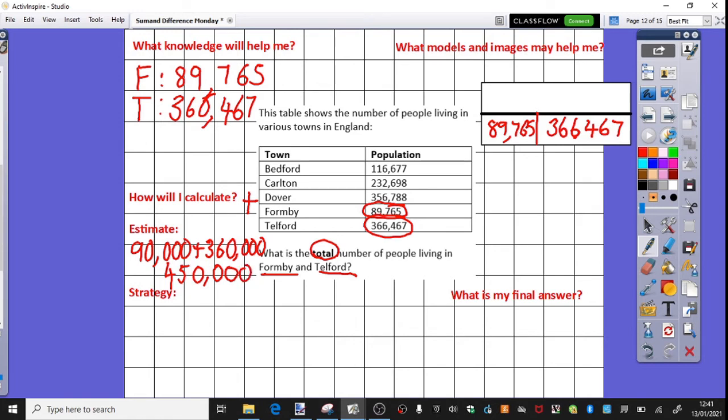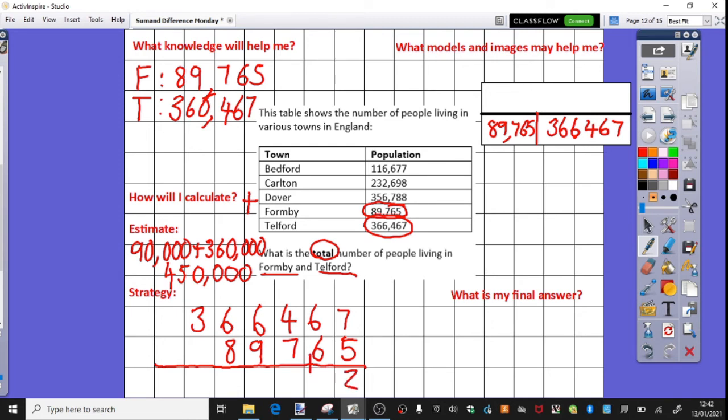What strategy am I going to use? Well, I can definitely see I'm going to be having some crossing of boundaries there. So I'm going to use my written column method for this one. So I will work this one out for us now. 89,765, and it's always worth referring back to those calculations. So let's add those up. So we've got 5 and 7 makes 12, over.